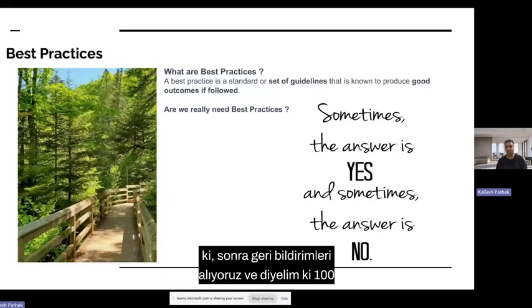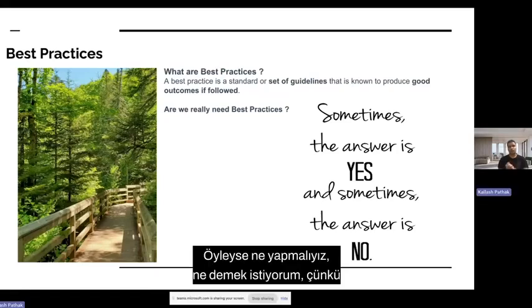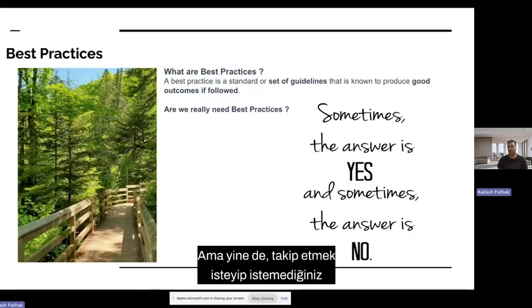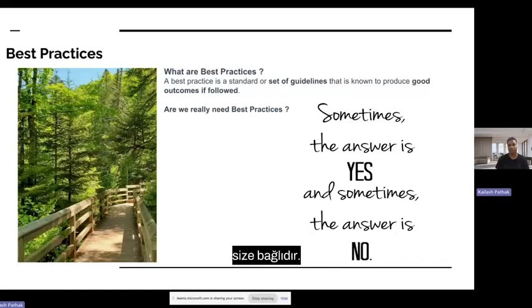Then we take feedback, suppose 100 or 200 pieces of feedback, and on that basis we make a set of guidelines. If we have such guidelines, then definitely we should follow them. But again, it totally depends on you whether you want to follow them or not.